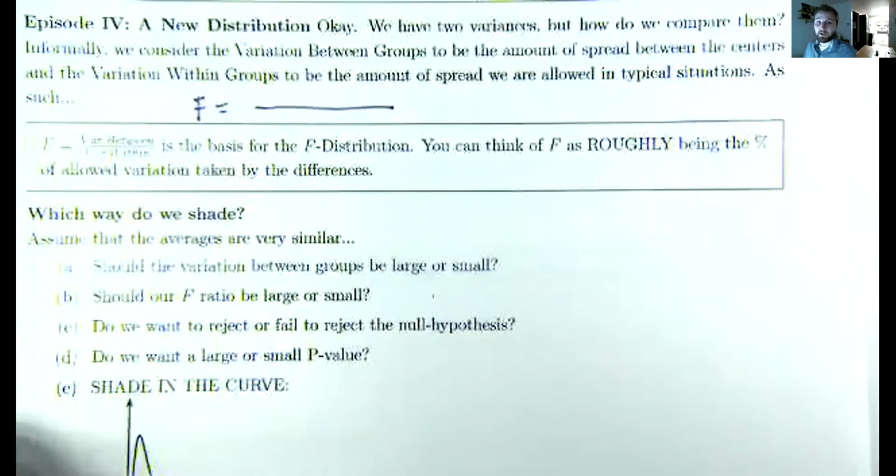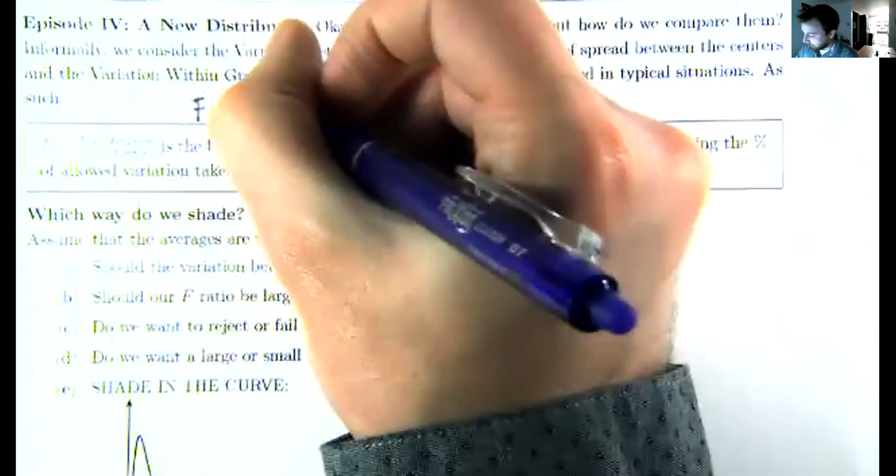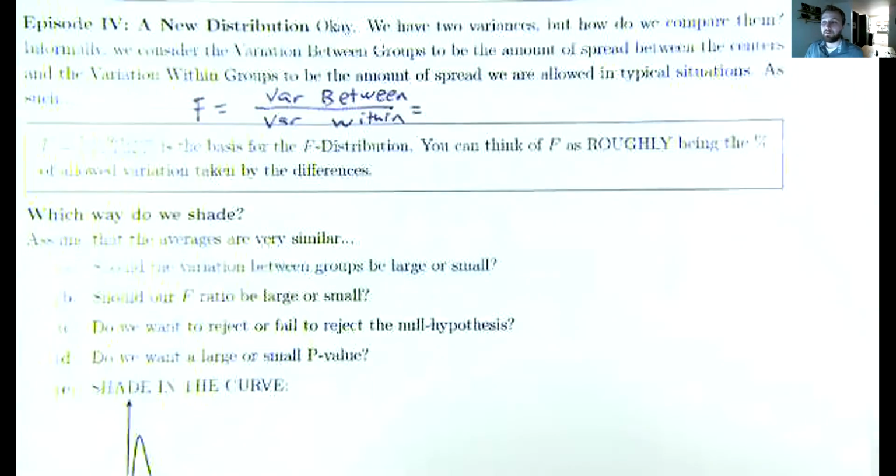So if I'm wondering, well, what percentage of the spread did I take? I'm going to find something called an F ratio, and I'm going to take the total amount of variation that I spent, and I'm going to divide this by my allowance, the total amount of variation I was allowed to take, the variation within.